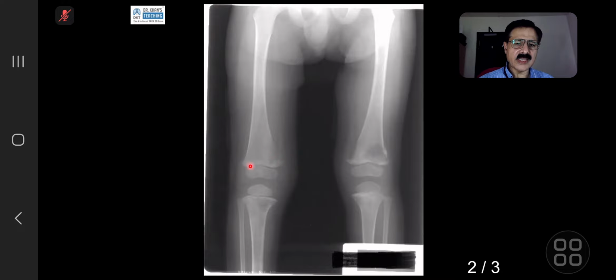Dense metaphyseal band can be normal, physiological. Every child will have this. The key finding is that usually this will not involve the fibula. This is a key exam finding to remember. Even in lead poisoning, they will show you a case where the dense metaphyseal band will also involve the fibula. The physiological ones don't involve the fibula, because there is no weight bearing there.